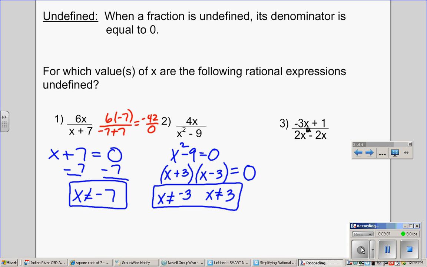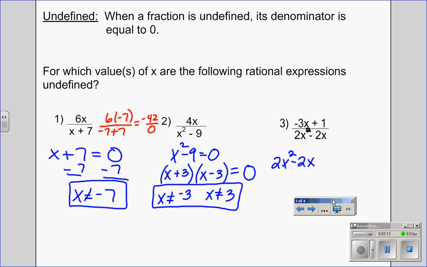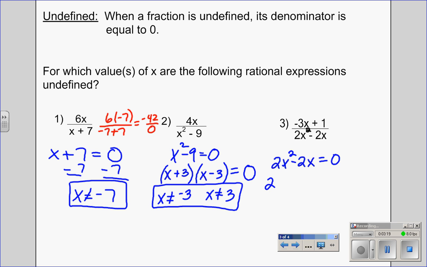Number 3, our denominator is 2x squared minus 2x. This is a greatest common factor question. Both terms have a 2. Both terms have an x. So if you'd like to, you can divide them by 2x, write that right in there. 2 divided by 2 will give you 1.